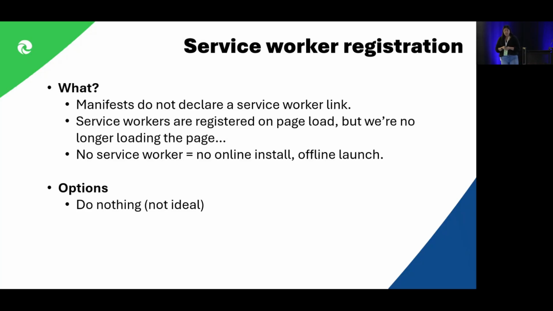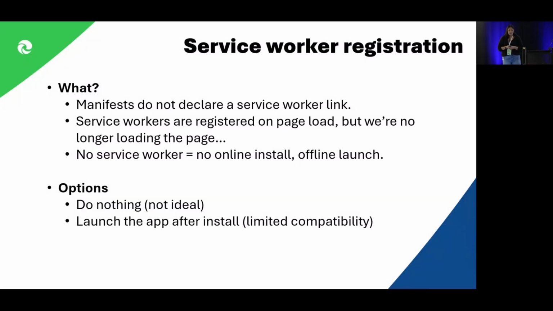Now, a couple options here include do nothing. Service workers are not technically required, but the offline first experience was historically a big gap between web apps and native apps, so ideally we'd really like to solve this. We could also automatically launch the app after install, so the service worker gets registered.